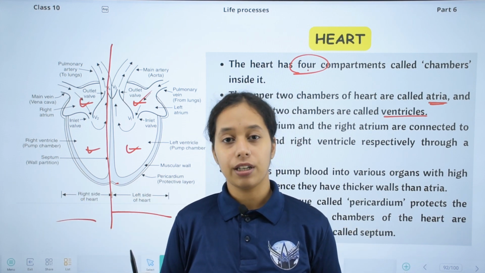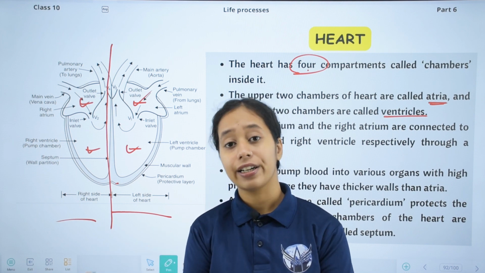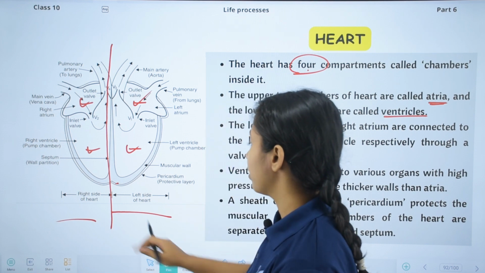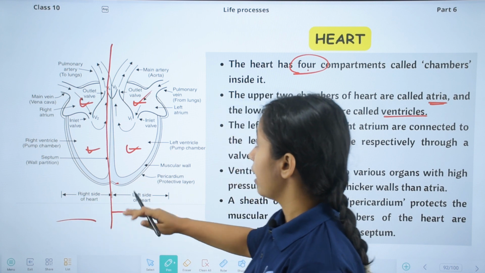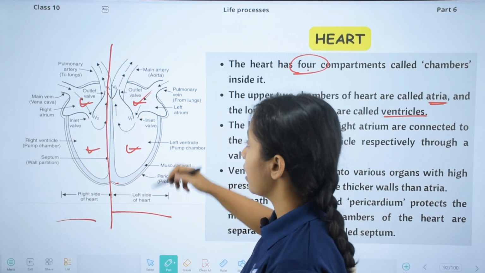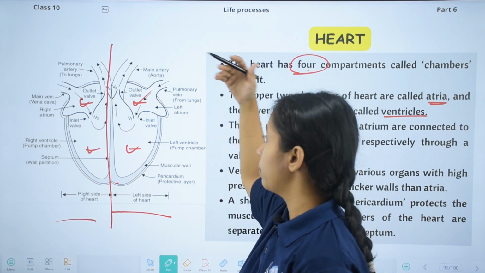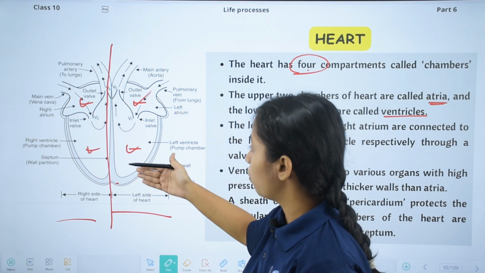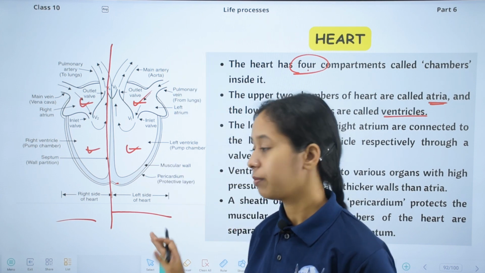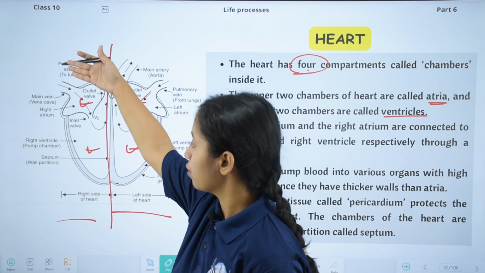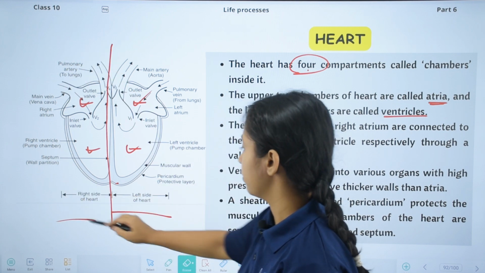We have to remember it like this, but if you look at the book, the directions will shift. So this is your left side, this is your right side. Hence the left top chamber will be the left atrium, the left bottom chamber will be the left ventricle, similarly on this side the right atrium and the right ventricle.